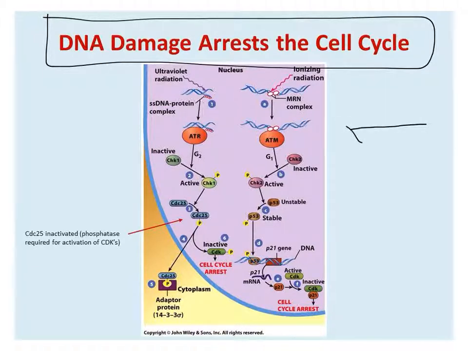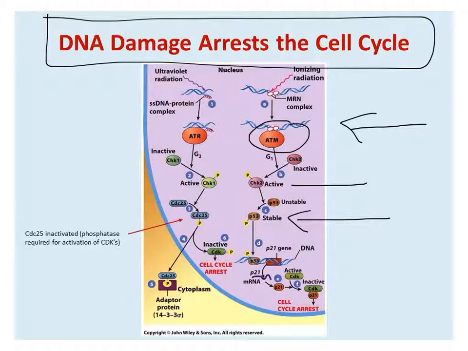If there are double-stranded breaks, there's a complex called ATM, which will become activated, and by binding to certain complexes at this double-stranded break, it will lead to activation of CHK2, which is a kinase, and this leads to phosphorylation of p53.